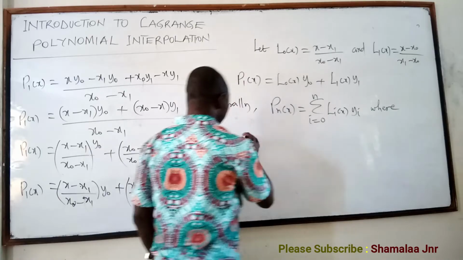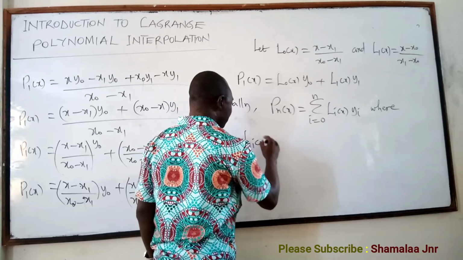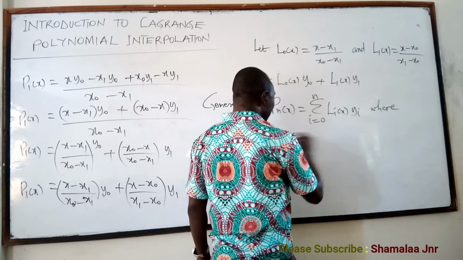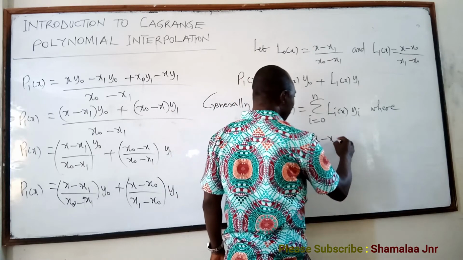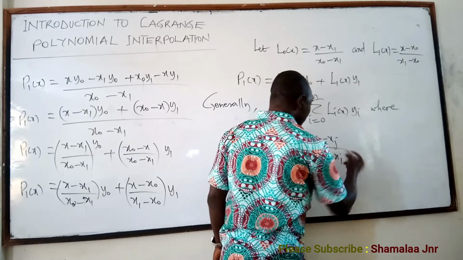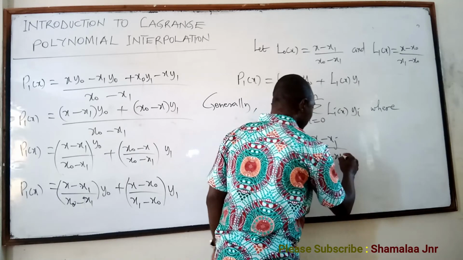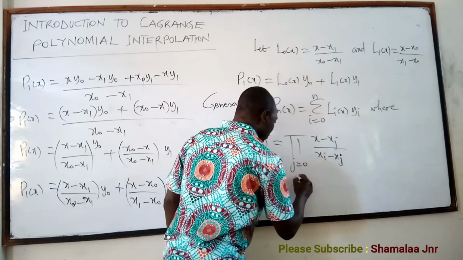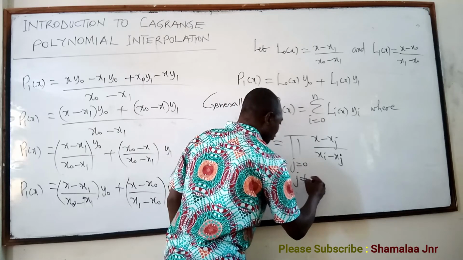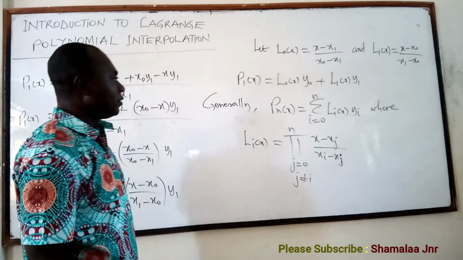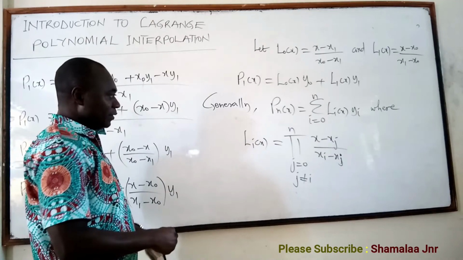Where Li of x is equal to the product of x minus sj over si minus sj. These are subscripts, with j starting from 0, j not equal to i, up to n. Yes. Isn't it?